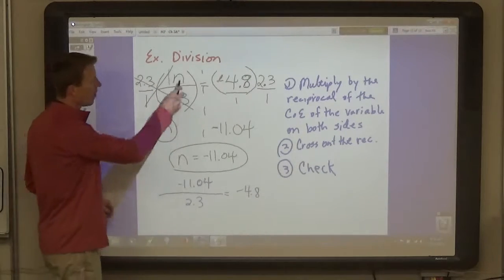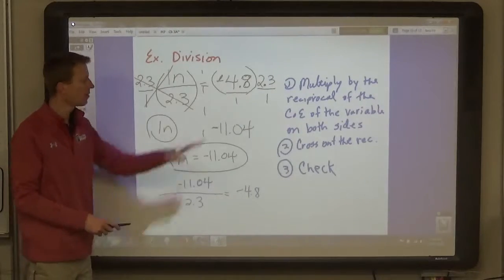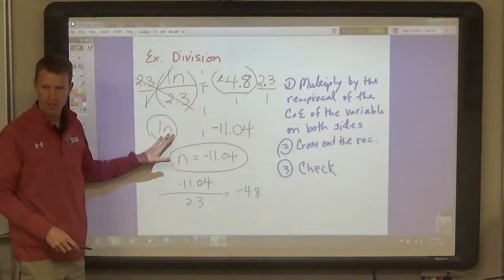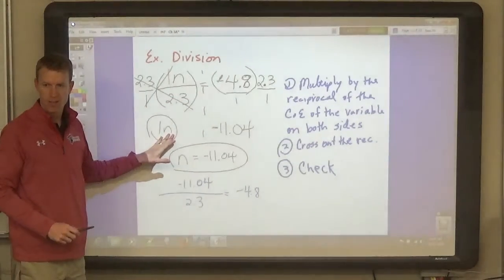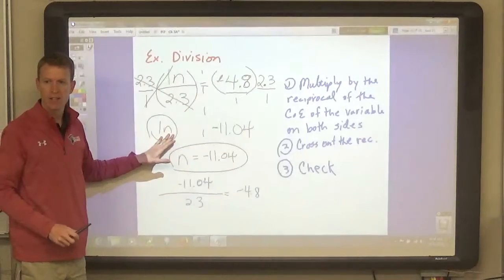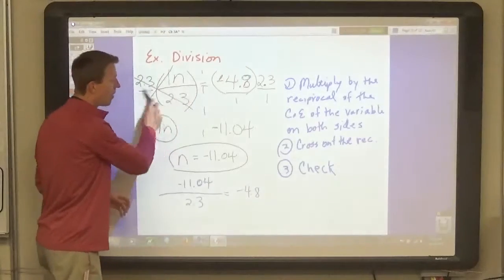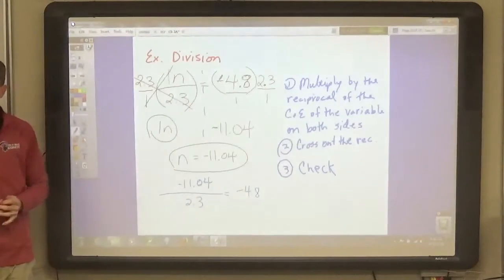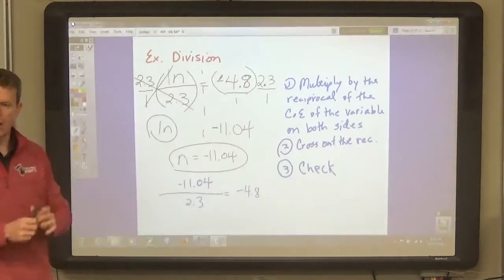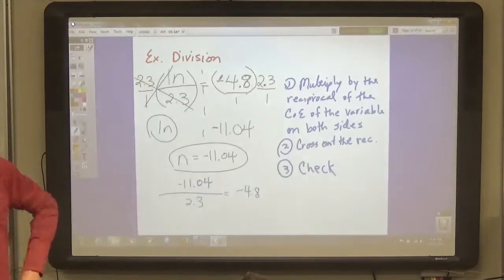So you have to start on this side to get to 1n. You can't start on this side to get 1n. In order to get 1n, you have to work on the side with n first.